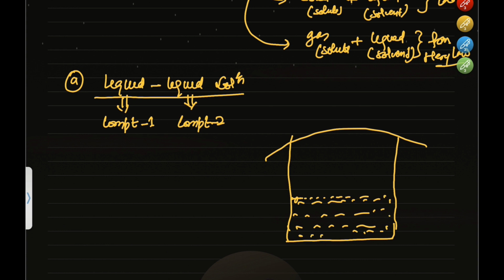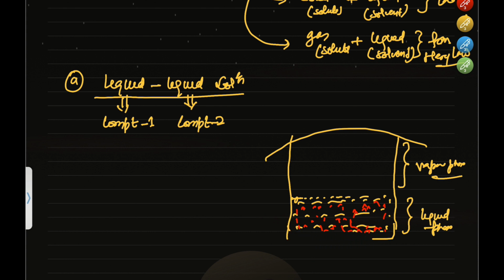This solution is a liquid phase that has both the components, and this is the vapor phase. The liquid phase contains both components, component A and component B. Component B I mark in red.